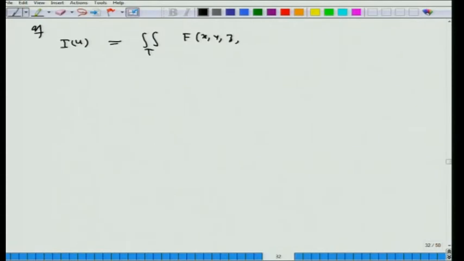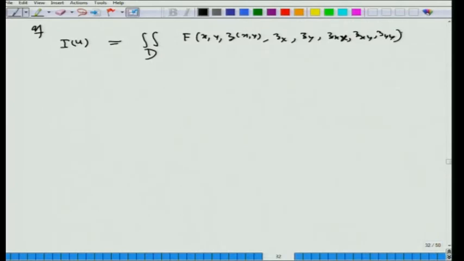So, that is double integral over D, and z as a function of x, y, z_x, z_y and z_xx, z_xy and z_yy.